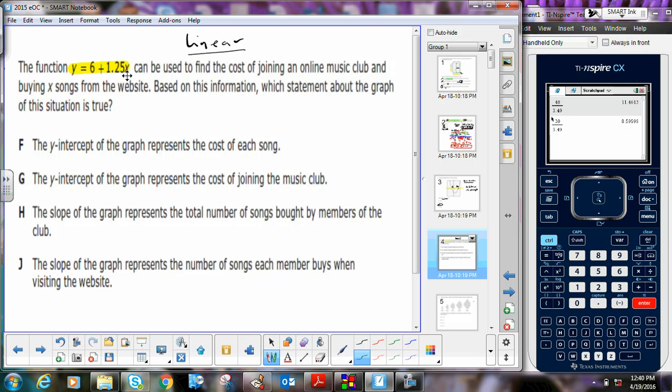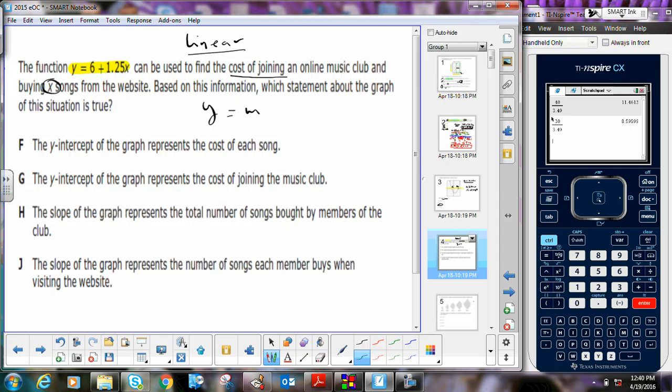The function can be used to find the cost of joining an online music club and buying x songs from the website. Based on this information, which statement about the graph of this situation is true? So let's talk about the equation.